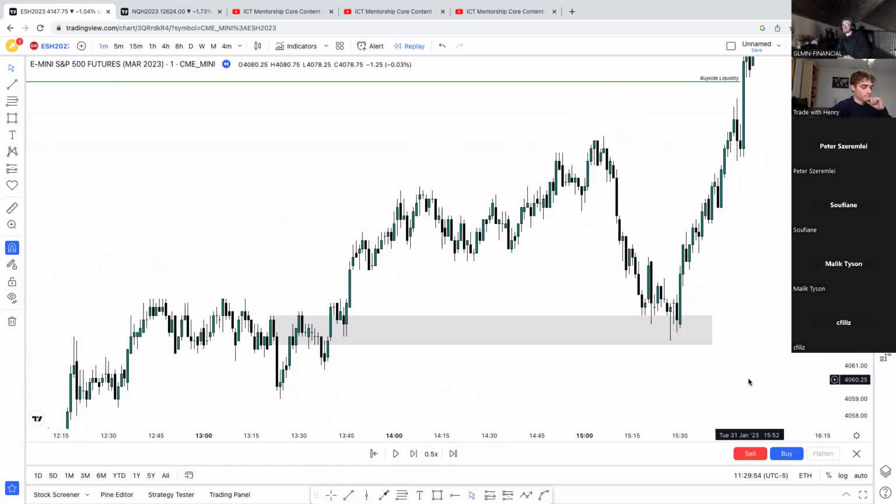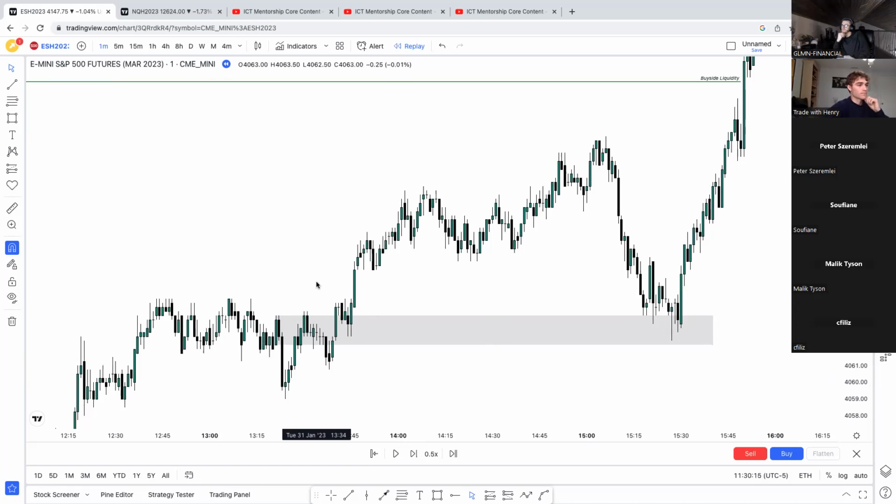We have the range of the breaker block drawn out, that green candle. It sweeps below the sell stop liquidity, and then it goes back up into that range of the breaker block. But to me, it's just an indication that the wicks go above it, and the candles don't close at the breaker block, if that makes sense.